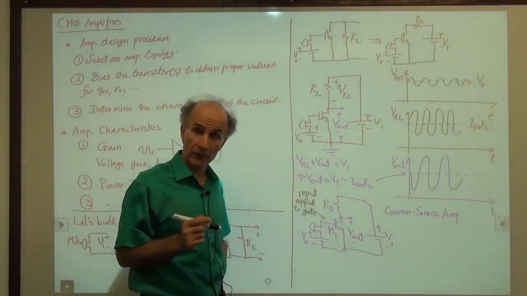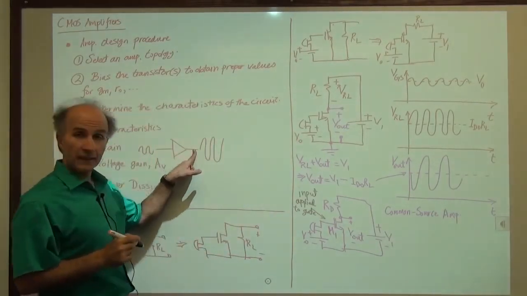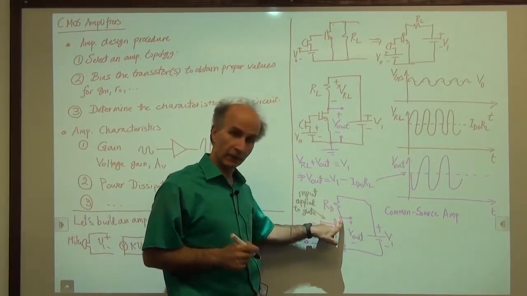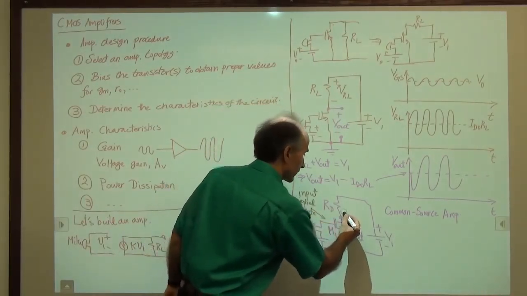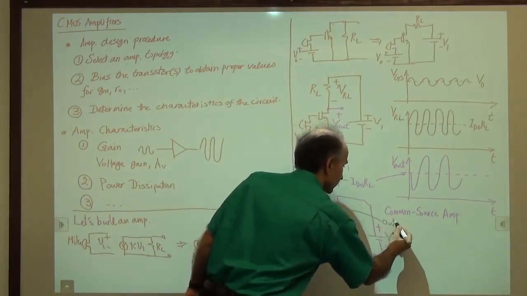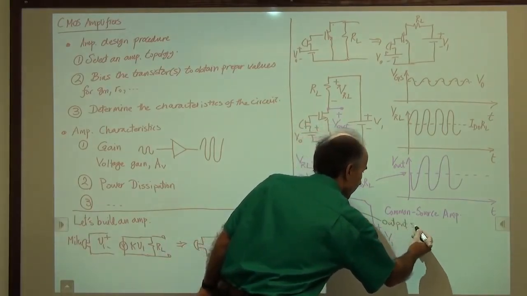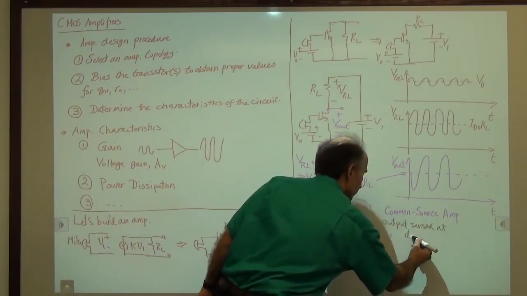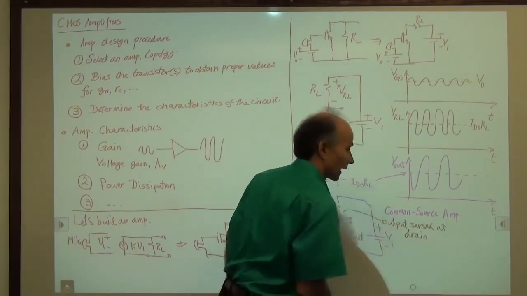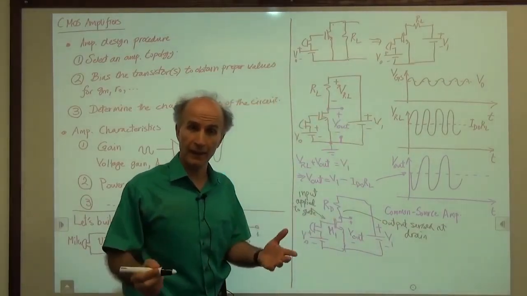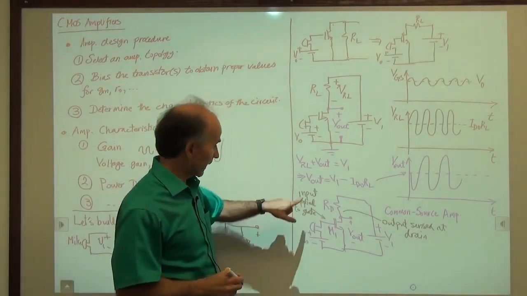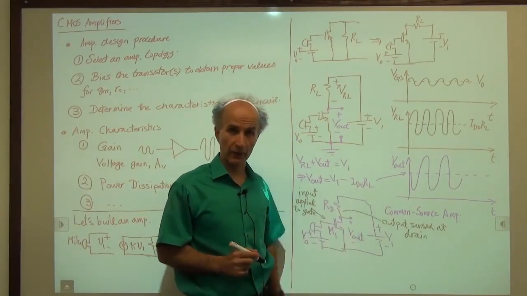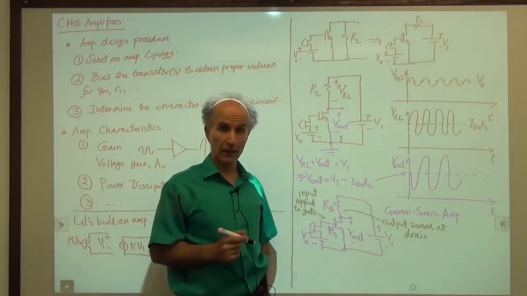And the output of the circuit, this output, is measured, is sensed, is taken at the drain of the device. The output is not taken at the source, is not taken at the gate, it's taken at the drain. So when we have this condition and this condition, we have a common source amplifier. That's how we identify a common source amplifier.